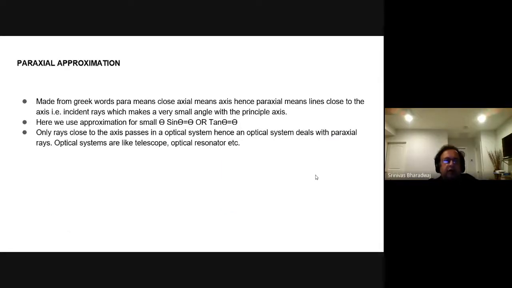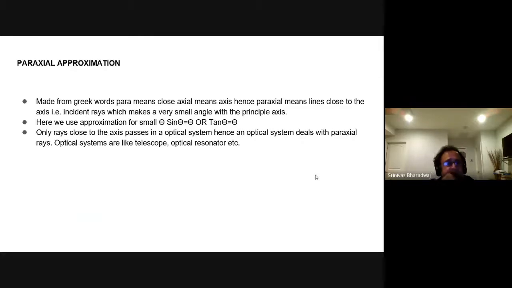So now, paraxial approximation. It comes from the Greek word para, which means close. Axial means axis, so paraxial means lines close to the axis.